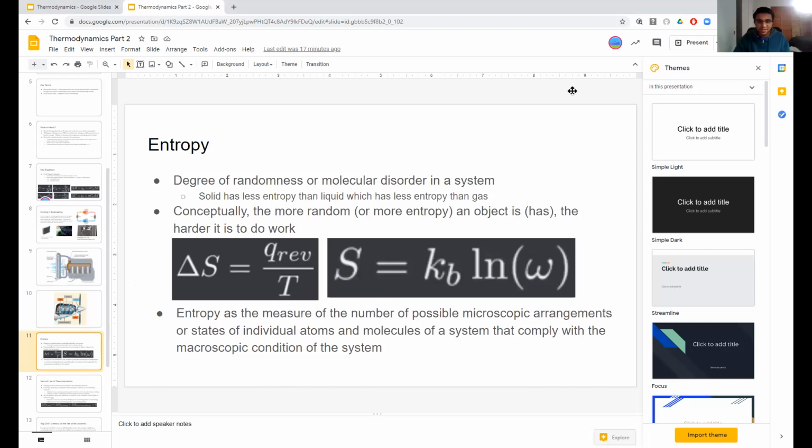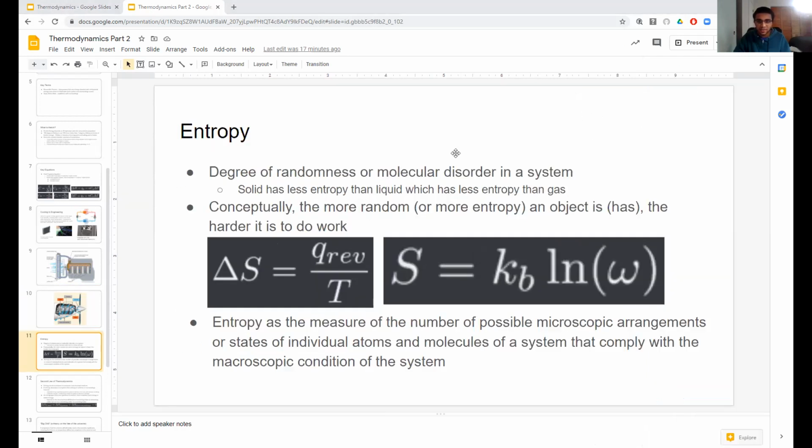All right, now we're going to discuss the interesting concept of entropy. Entropy is the degree of randomness or molecular disorder in the system. Conceptually, the more entropy the object has, the harder it is to do work. Formally, we define change in entropy to be the reversible heat over the temperature.